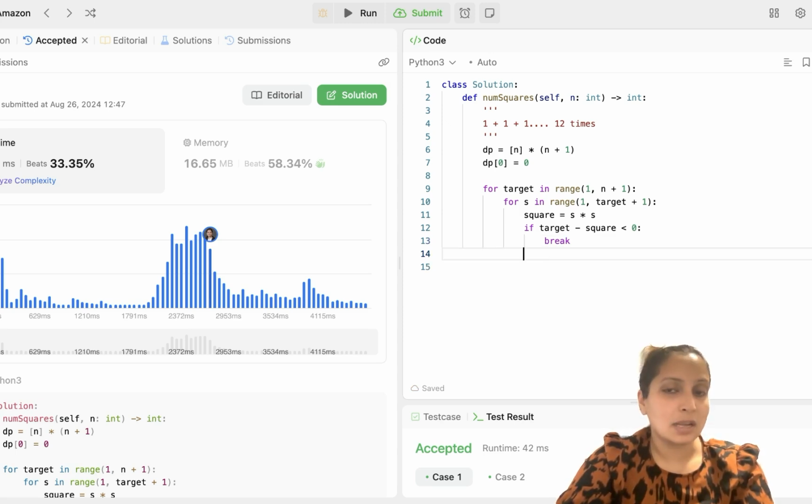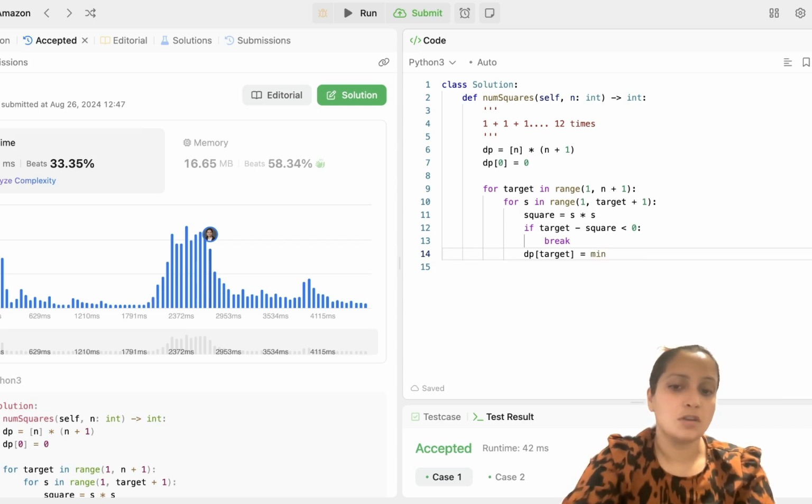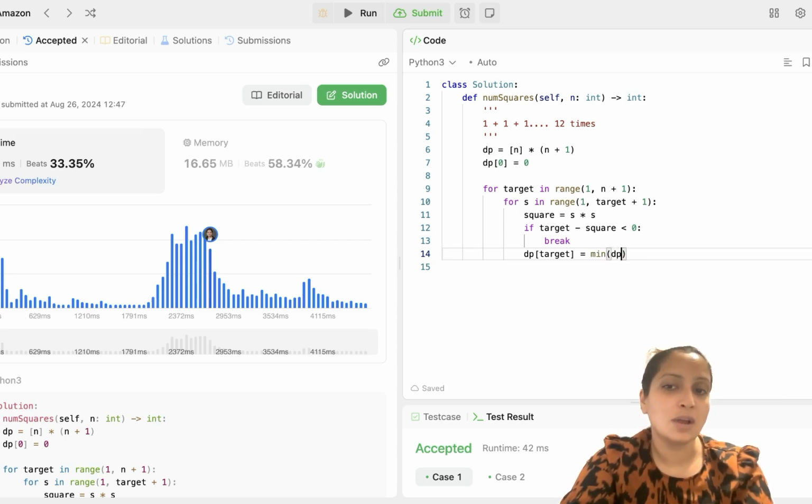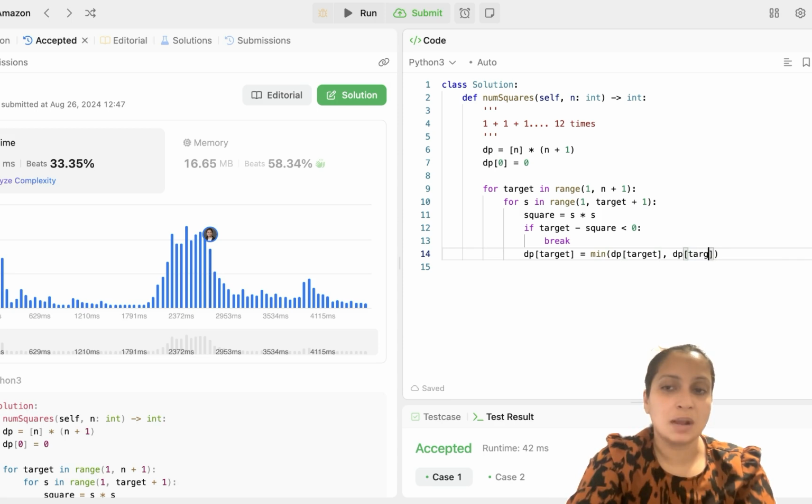If that is not the case and that perfect square is within your range, in such a scenario you can update your DP value. So your DP value of target will get updated as the minimum of your current DP target value, like you have set all your DP values as n initially, right? So it will either stay at DP target, which is its current value, or DP of target minus square.